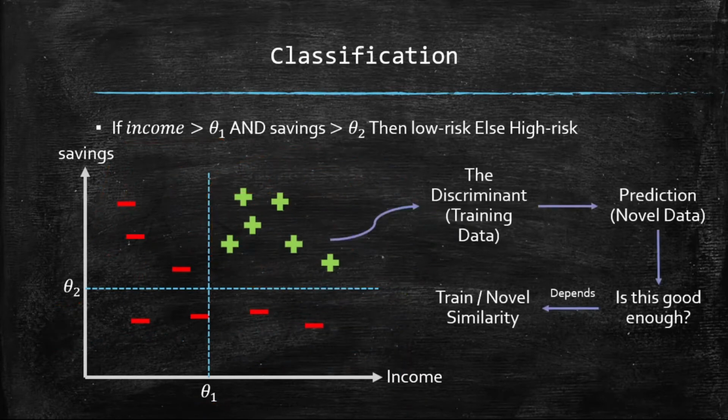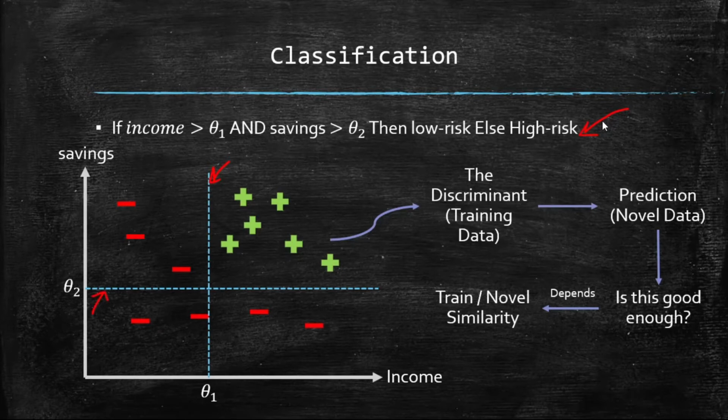Now, the data that we used for extracting this whole rule right here, all these green and red points on our plot, they're called the training data, right? We use the training data to extract a rule, and those rules are this vertical and this horizontal line right here, extracted by the machine.